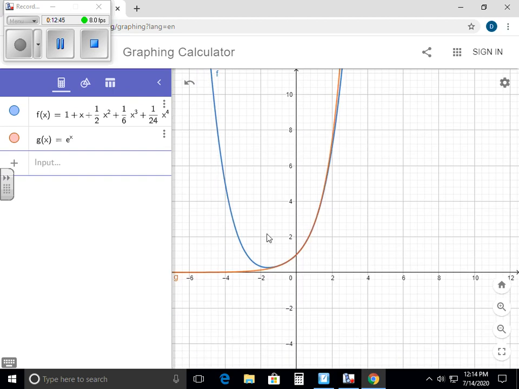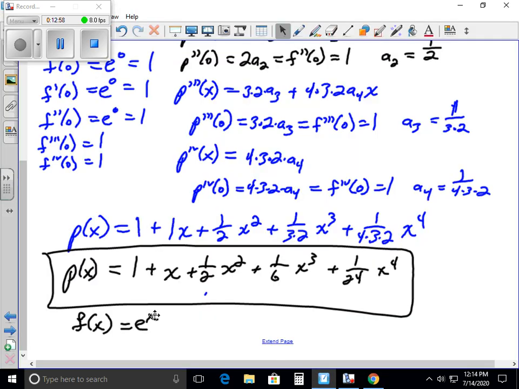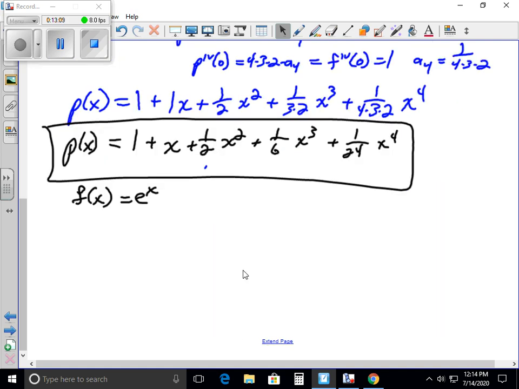So the polynomial and e to the x are really close to the same in this window in here, but as we go farther and farther, it becomes a not as good of an approximation. So if we need a better approximation, we might need more terms, or we might need to adjust where it's centered.